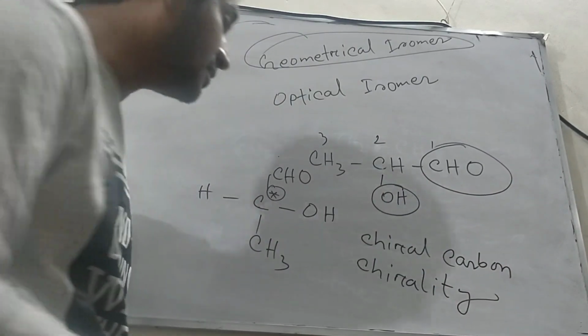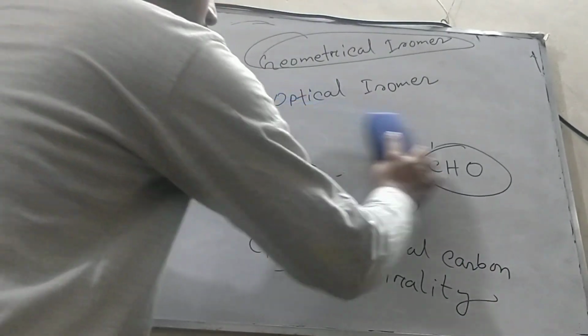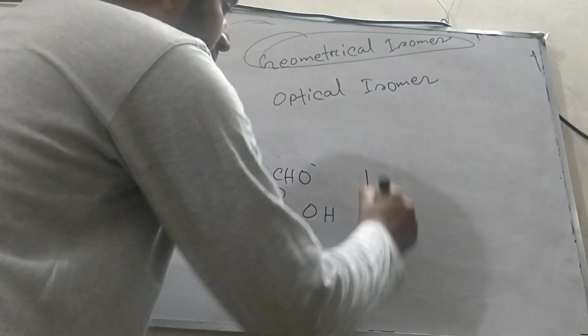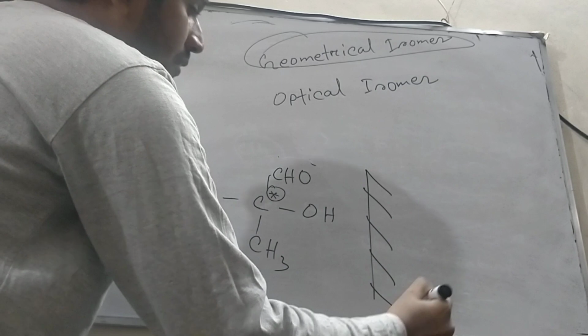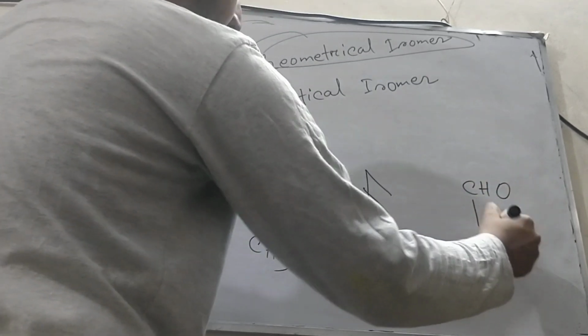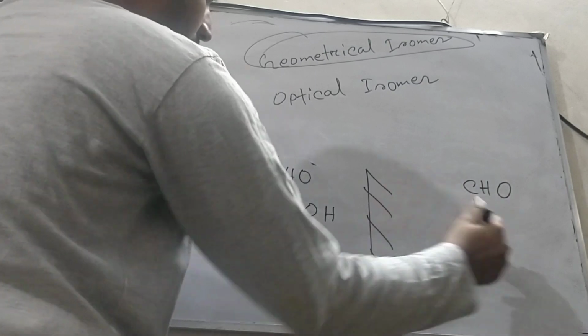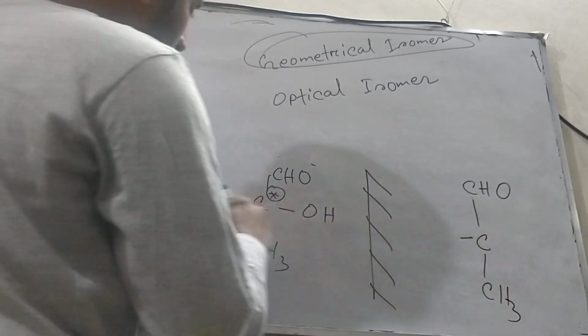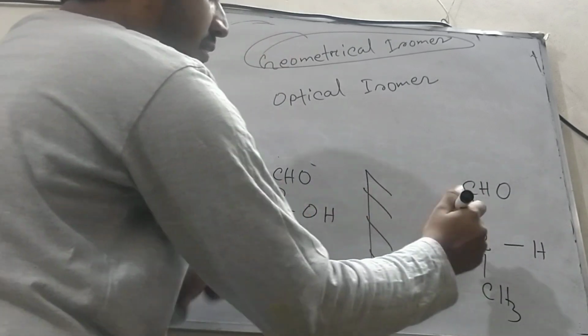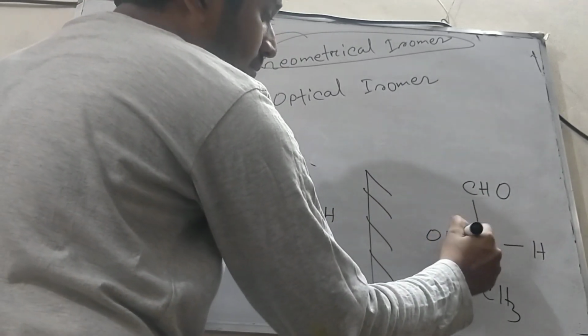So what will happen if you take a mirror here? Then it will work like this: CH3 will go here, hydrogen, and this alcohol will go here.